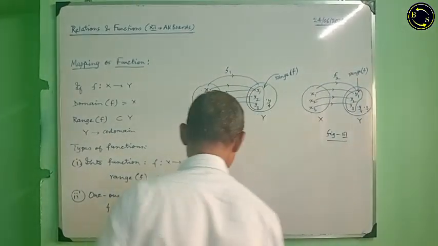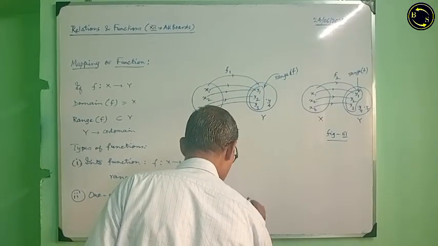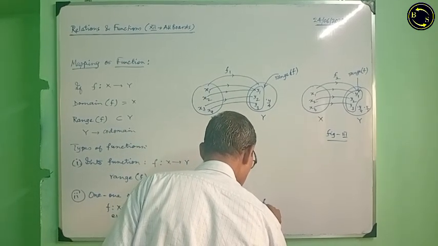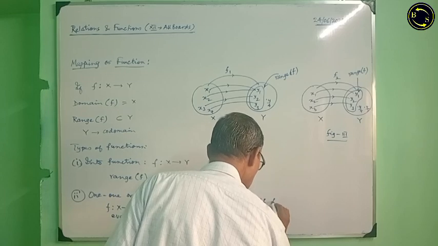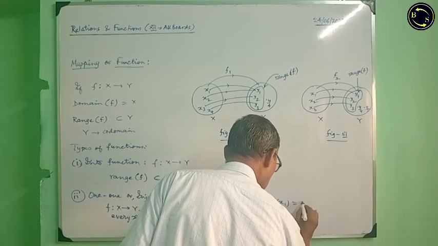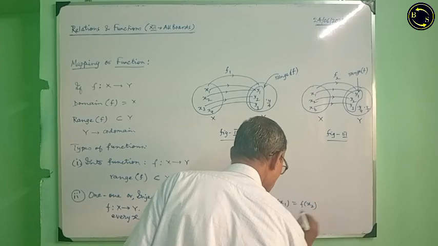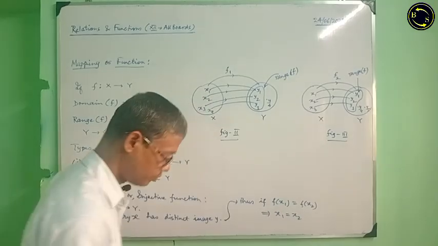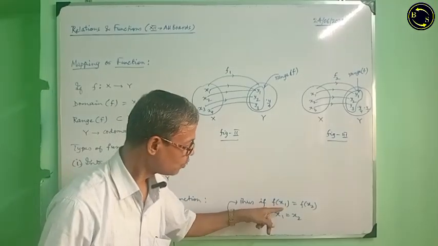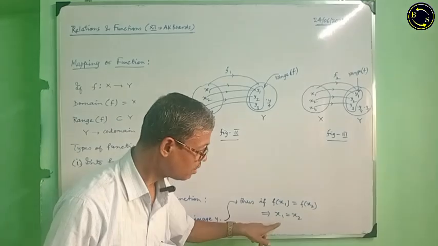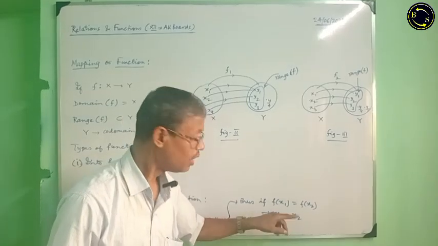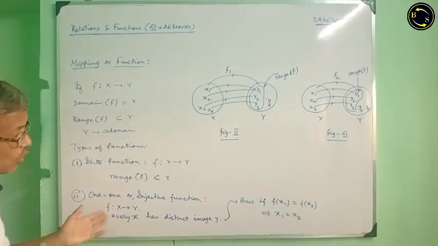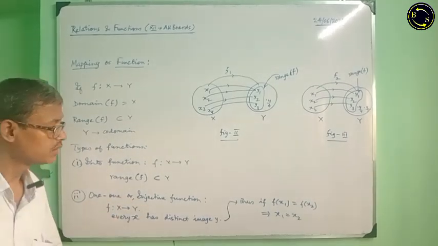And this is determined by: if two images are equal, then pre-images are equal. By using this, we show that the function f is 1-1 or an injective function.